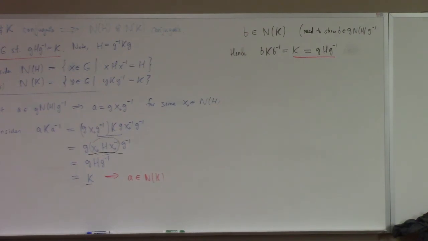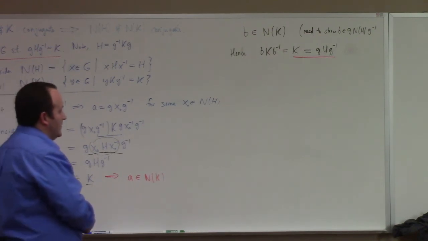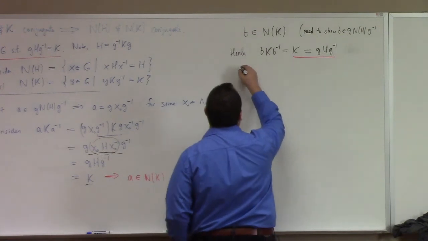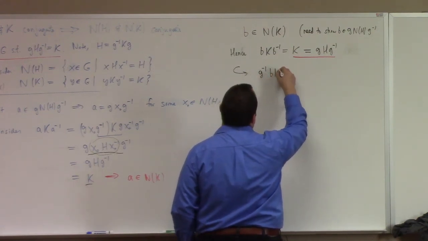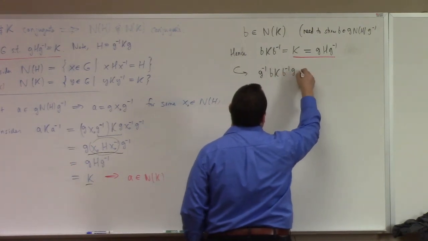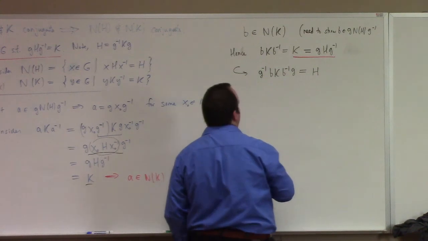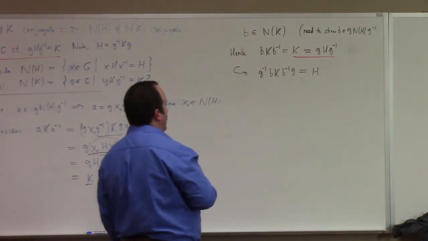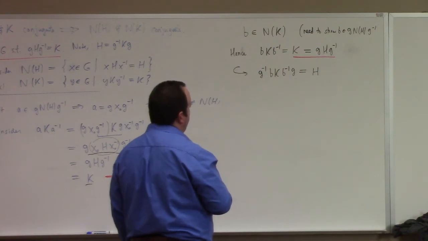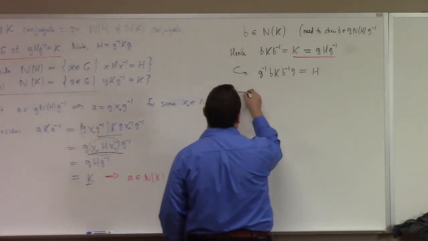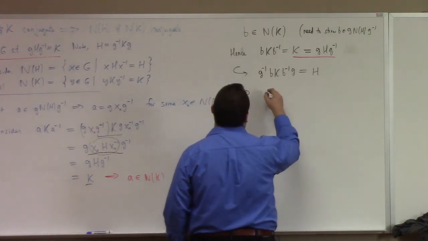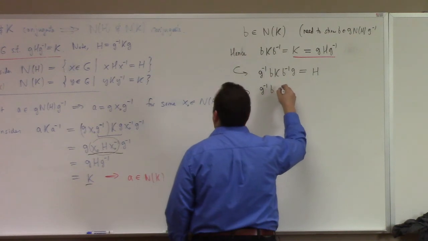Get rid of the G's. So we've got G inverse B K B inverse G equals H. And then that K can be rewritten as H by G inverse B. I'm not sure this helps or not.